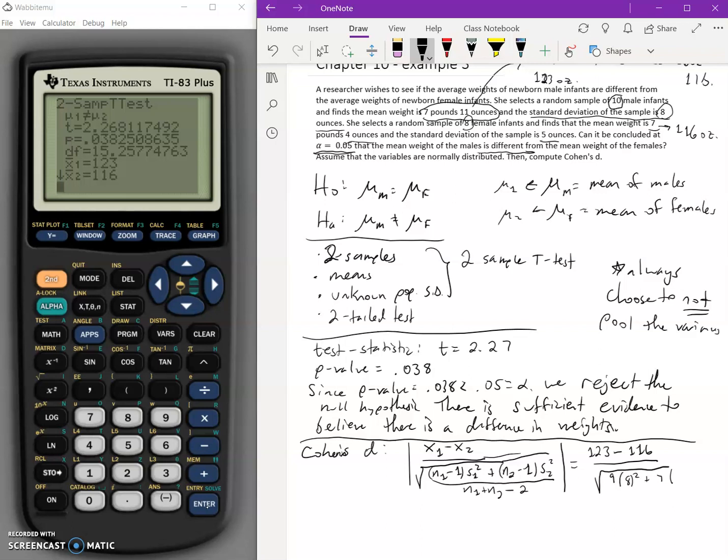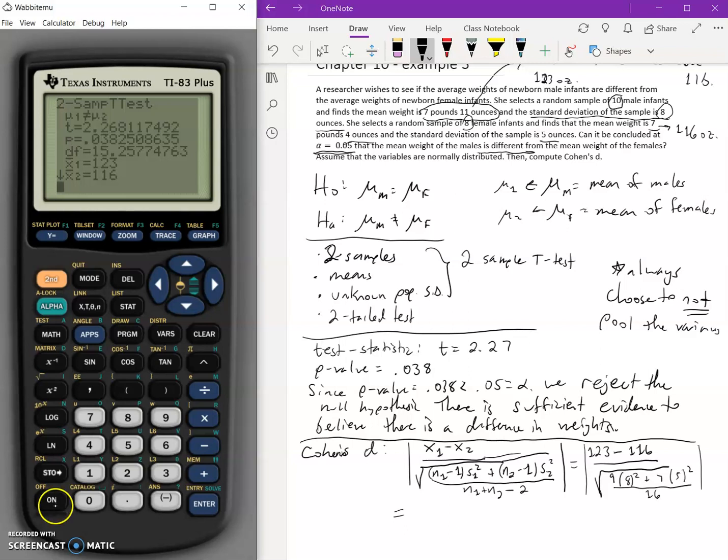Our sample standard deviation was 5. Square that. Divide this by n sub 1 plus n sub 2 minus 2. So we have 10 plus 8 minus 2. That gives us 16. And we will, again, take the absolute value just to make sure that we have a positive number at the end.